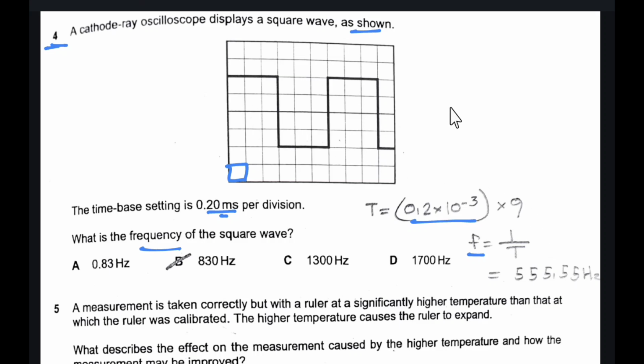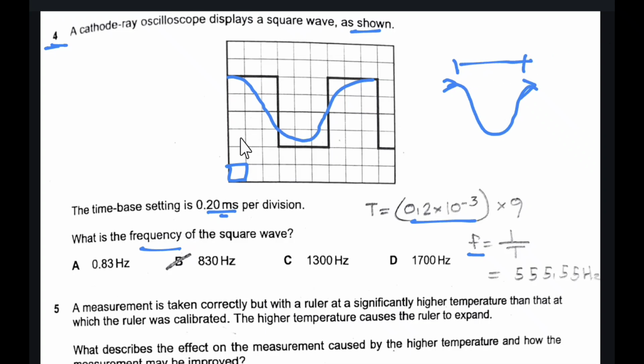Time period is the time taken to complete one complete wave. So what is one complete wave? If we draw this like a wave, it should look something like this. As you can see, this distance to this distance is a wavelength.